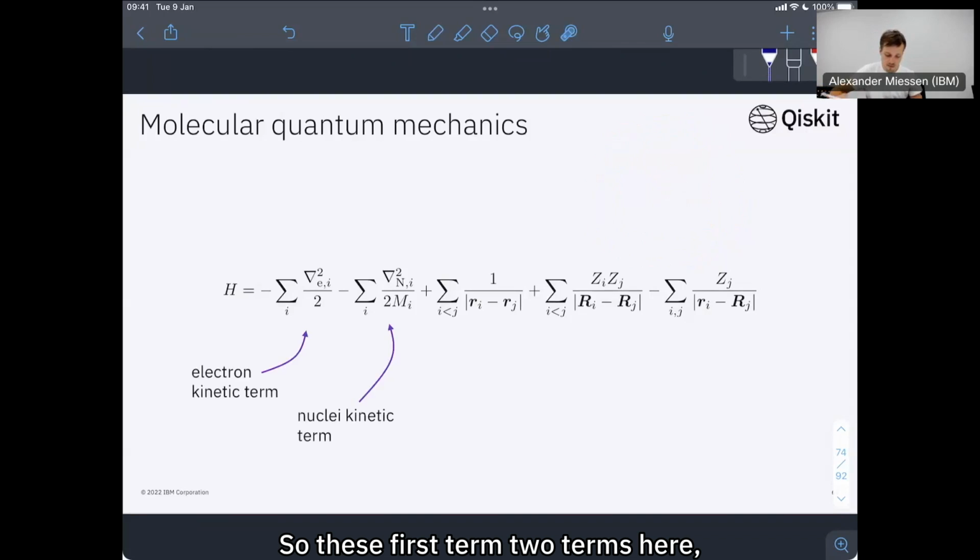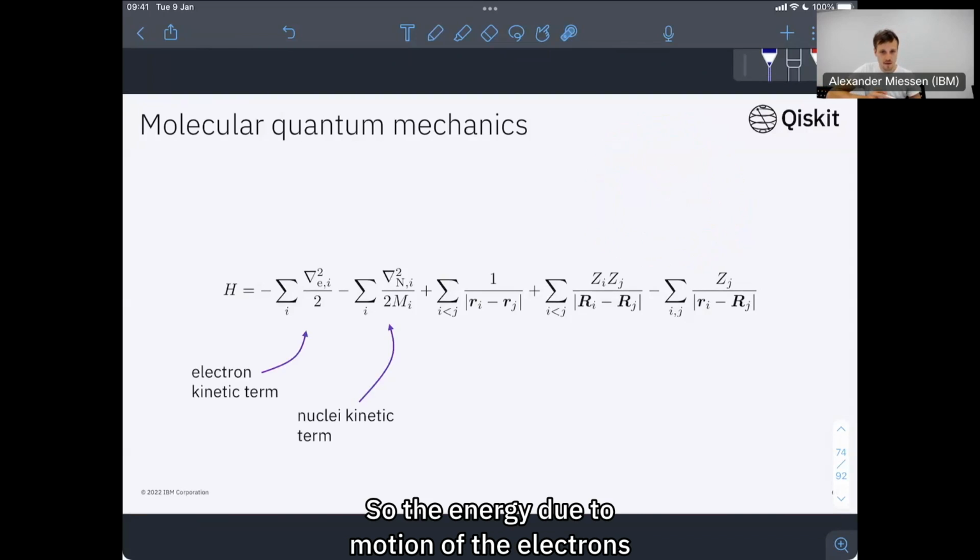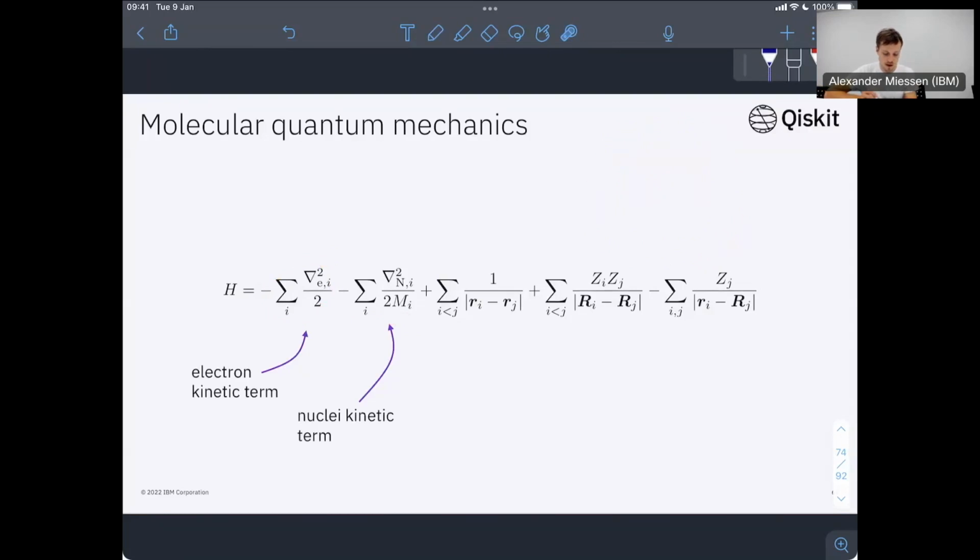So these first two terms here describe the kinetic energy, so the energy due to motion of the electrons and of the nuclei, okay? So this capital M here is the mass of the nuclei.